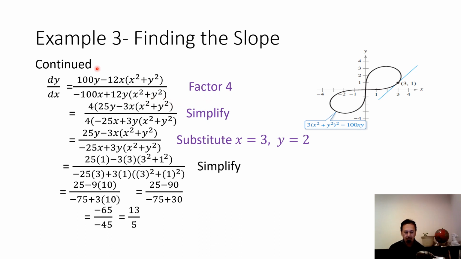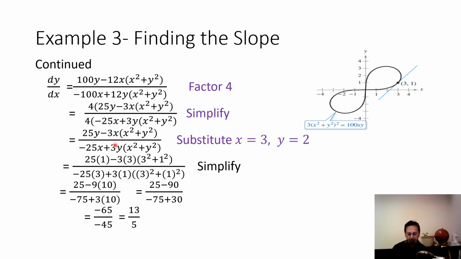Looks like we can factor out 4, so we'll have 4 times 25y minus 3x times x squared plus y squared. And on the bottom we have 4 times minus 25x plus 3y times x squared plus y squared. Okay, so the 4 we can cancel out, and we are left with 25y minus 3x times x squared plus y squared over minus 25x plus 3y times x squared plus y squared.